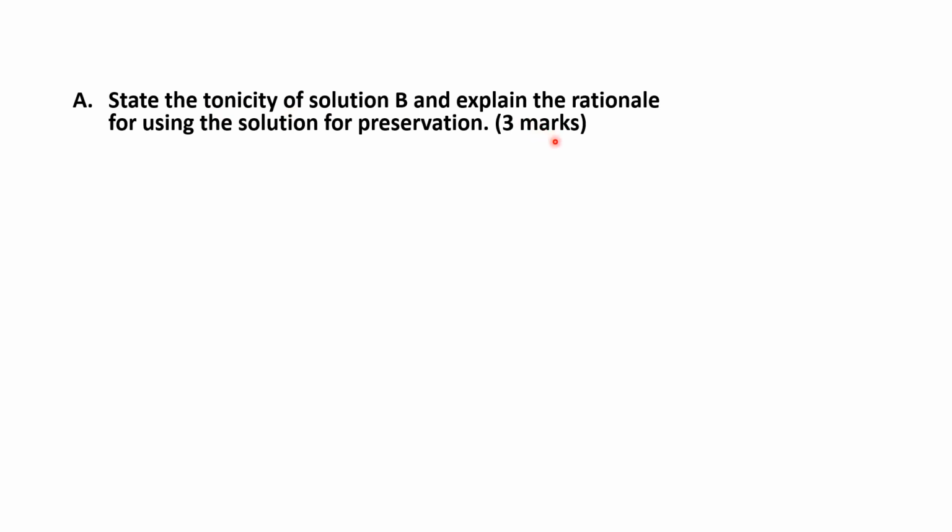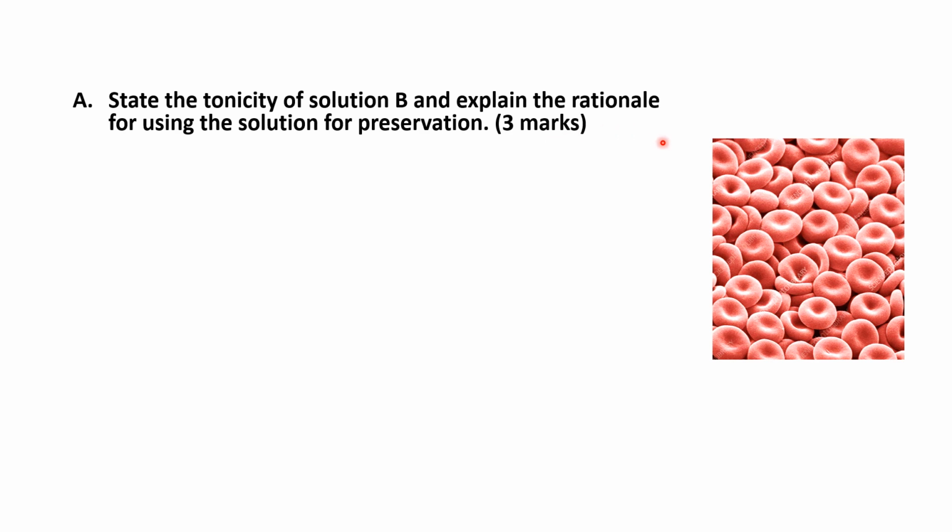Now let's recall the image of red blood cells in solution B. At this point you can refer to the question slide as well. So here's the image. When you look at the image, the red blood cell morphology is very similar to figure 1, which is the cells without any solution or treatment.